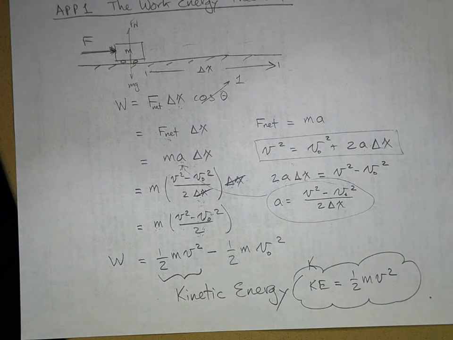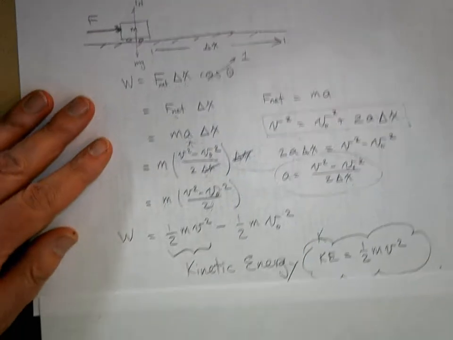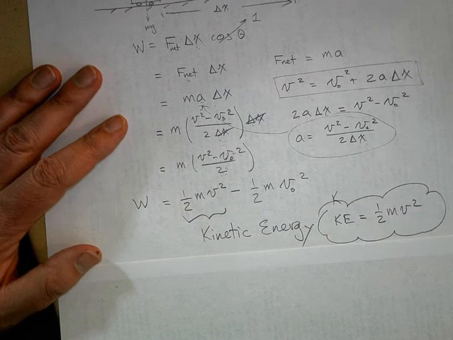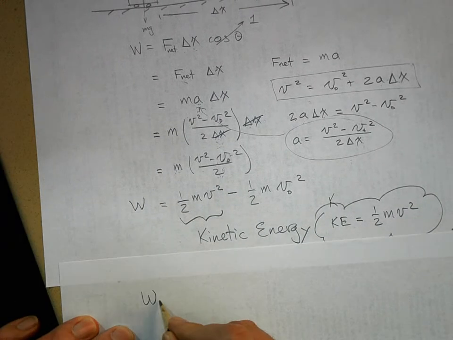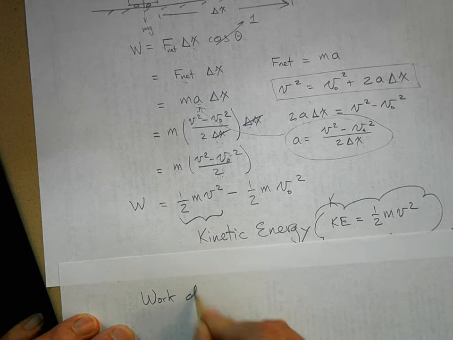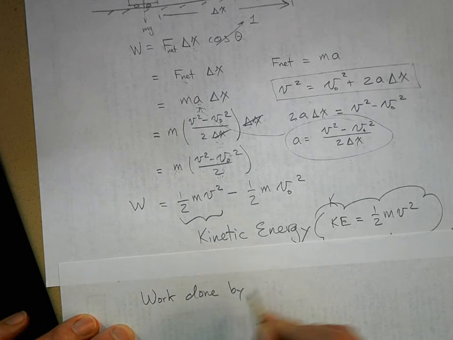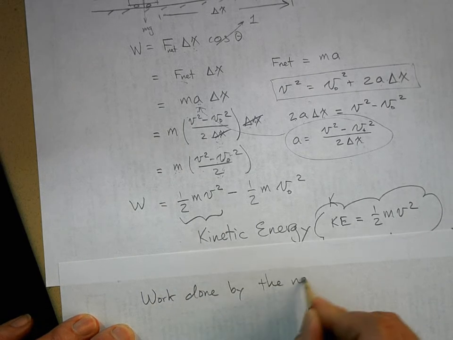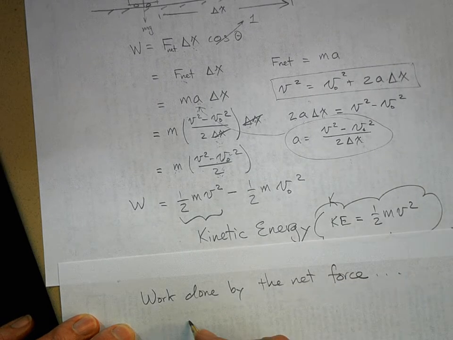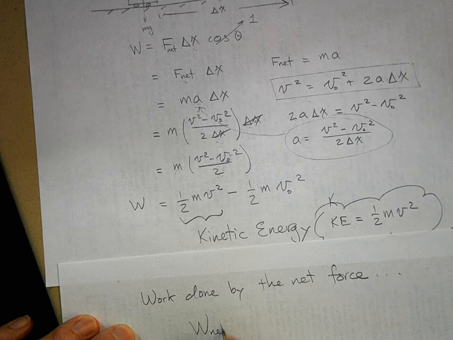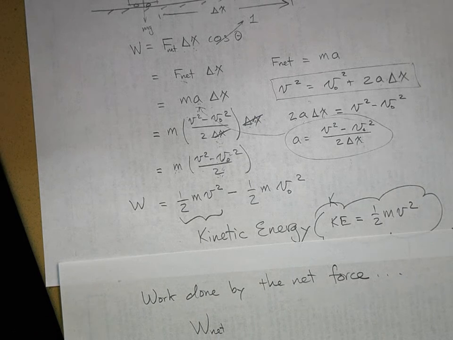So here we have the kinetic energy equation. But look up here. The work done by the net force, I'm going to call that work. That's the net work. The work done by the net force is the net work done.